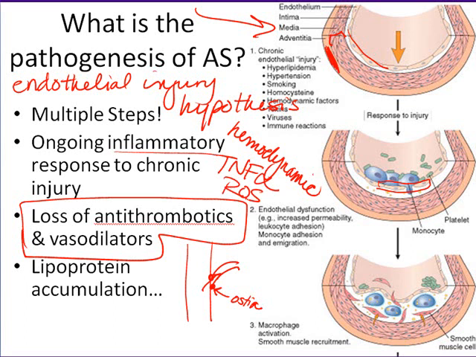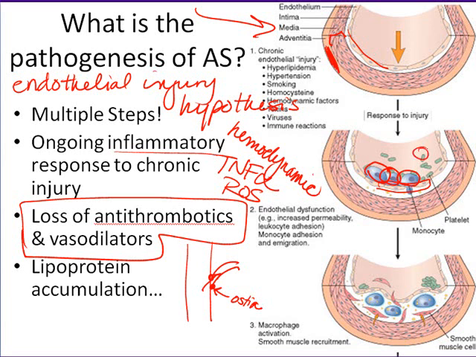And of course, we know what happens when you release these kinds of chemicals. These are all very chemotactic to things like macrophages. And so we start to see an accumulation of monocytes first, because they're monocytes in the blood, and those monocytes then begin to migrate out of the blood into the area of damage, and they transform into macrophages.